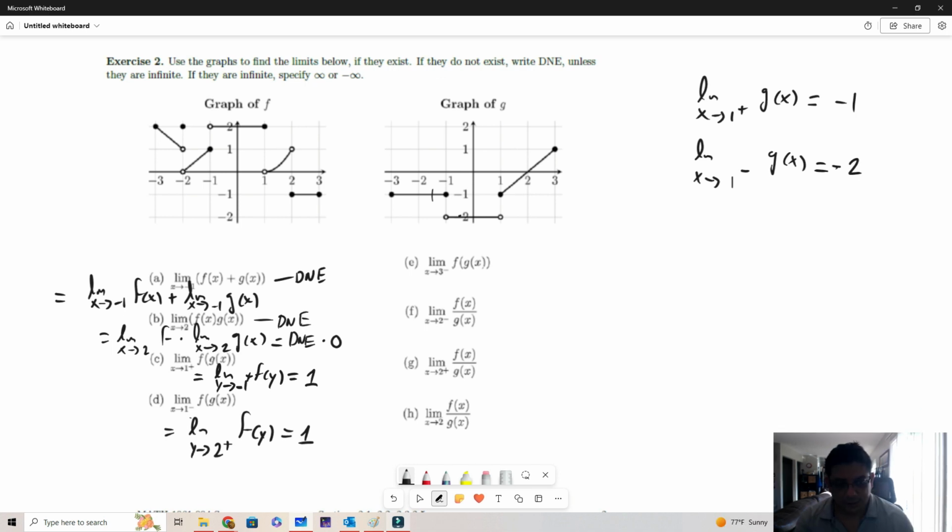Now for the limit when x goes to 3 by the right side, we check first what is the limit when x goes to 3 by the left side. This is the left side of g of x, and 3 by the left side of g of x is going to 1. We're approaching by the left side to 3, it gives me 1 over here.